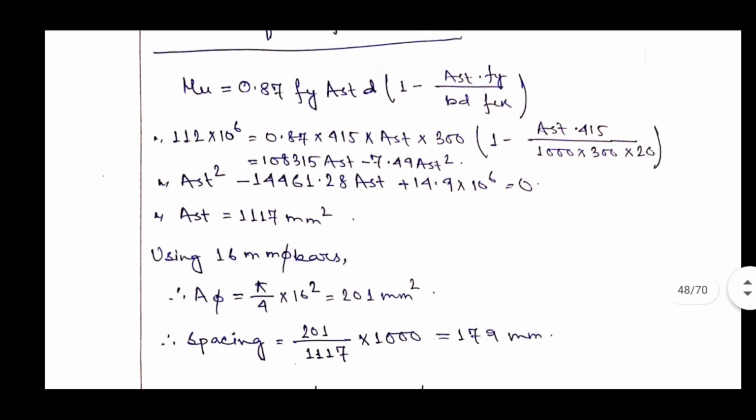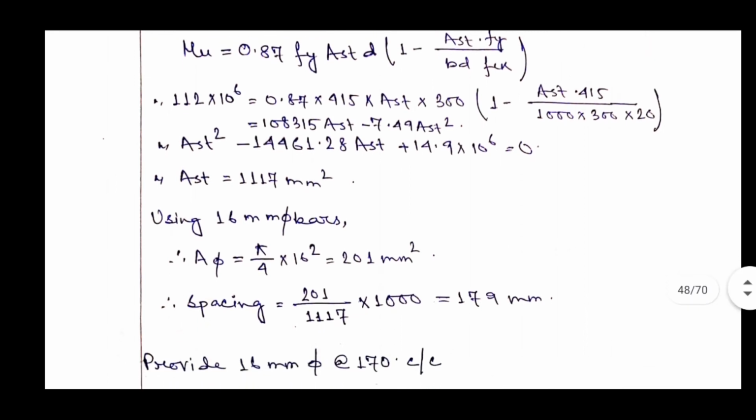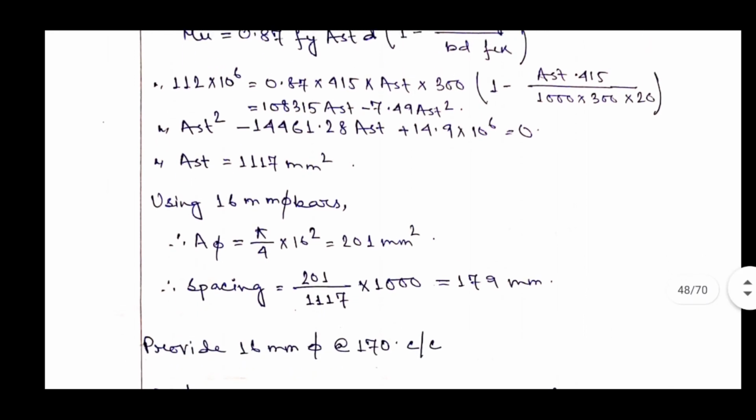So spacing will be 201 by 1117 into 1000, that is 179 mm. So we may provide 16 mm dia bar at the rate of 170 mm center to center, because we can reduce the spacing value.